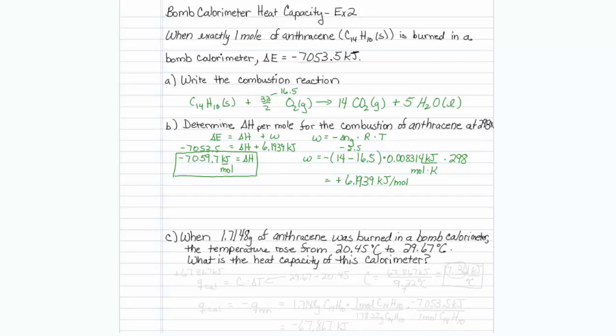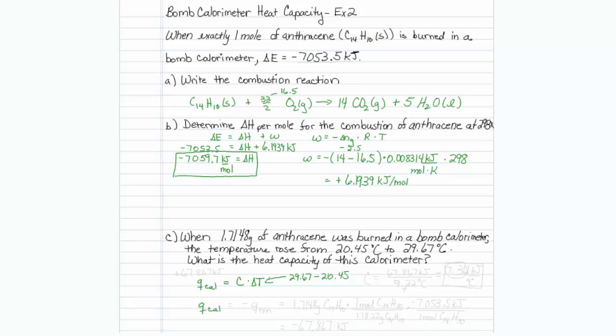Okay, you may remember that the heat change in the calorimeter is equal to the heat capacity times the change in temperature. It's easy for us to find the change in temperature. That is going to be equal to 29.67 minus 20.45. What we need to find is the heat exchange of the calorimeter.